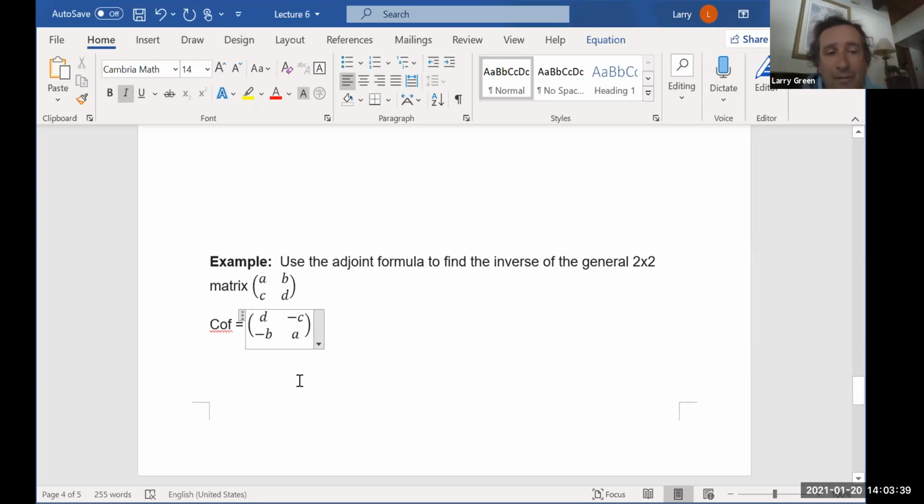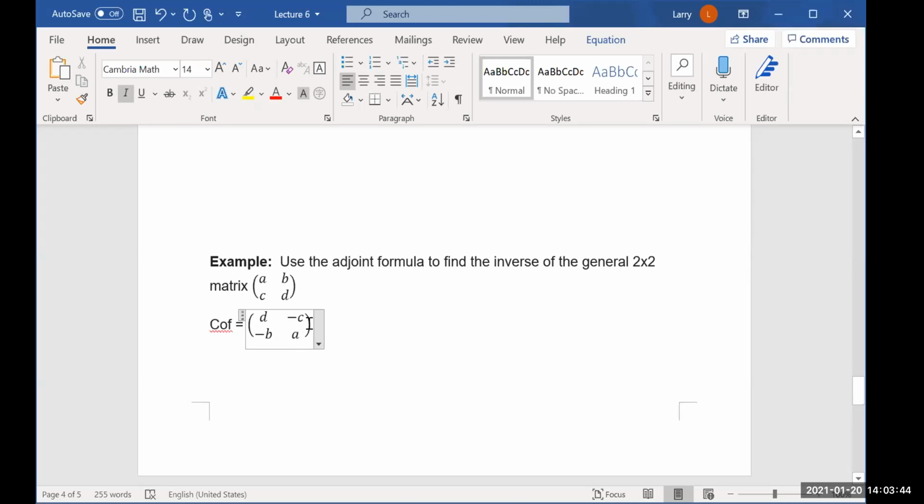How do we find the adjoint? Very easy. Transpose. Yeah, we take the transpose.